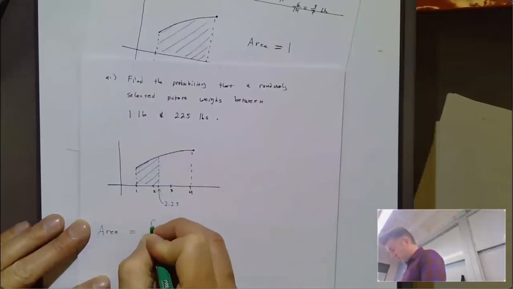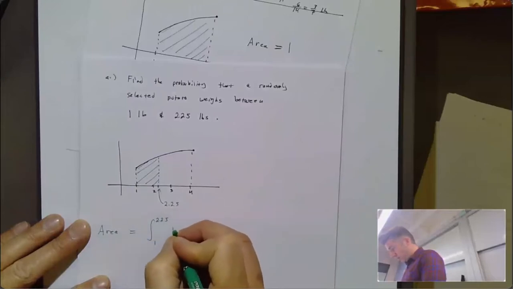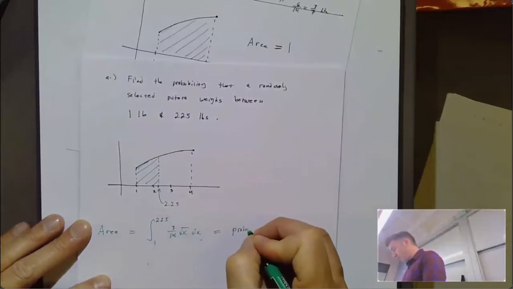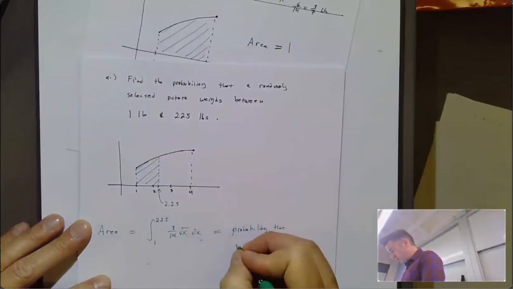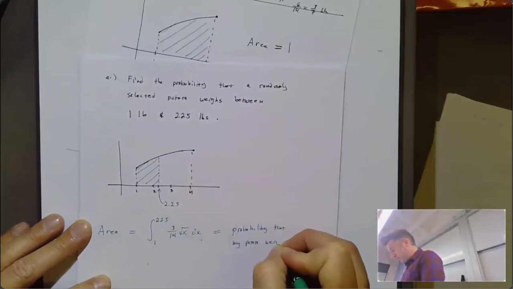So that area, which is equal to the integral from 1 to 2.25 of my function, is equal to the probability that my potato weighs between 1 and 2.25 pounds.